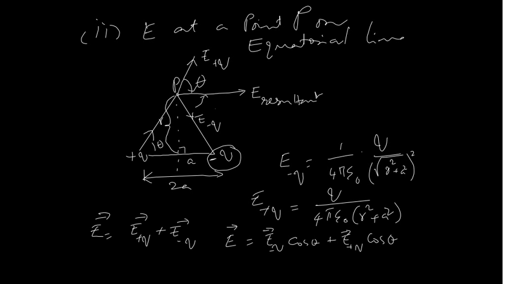This is what the components are to be added. So if you look at the expression 1.17, he gives that E is equal to E positive plus E negative multiplied by cos theta. You read that there, correct?